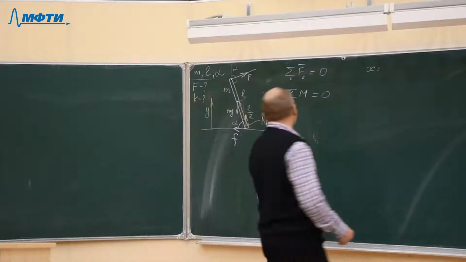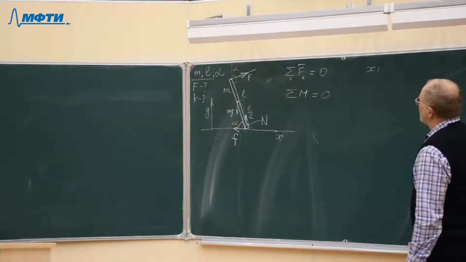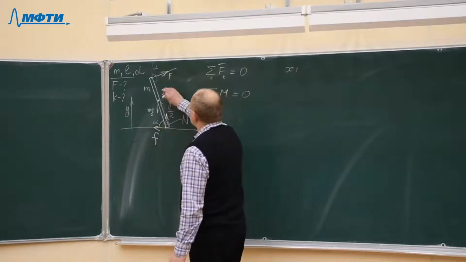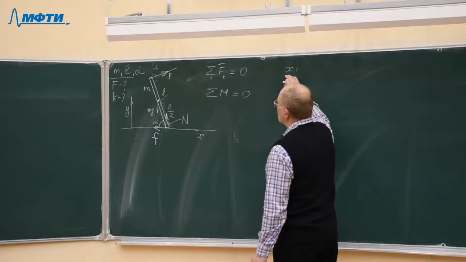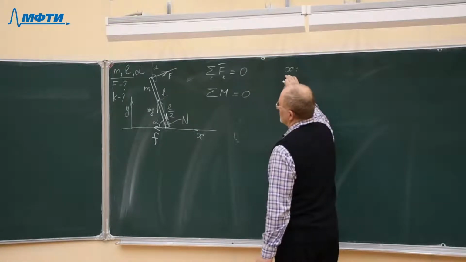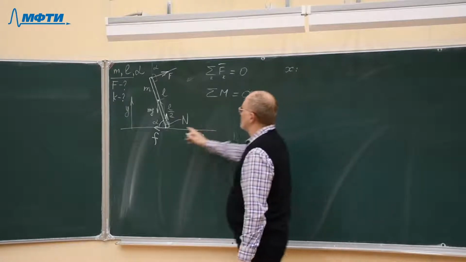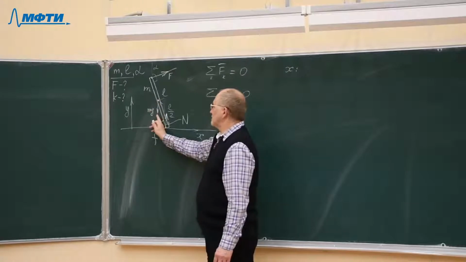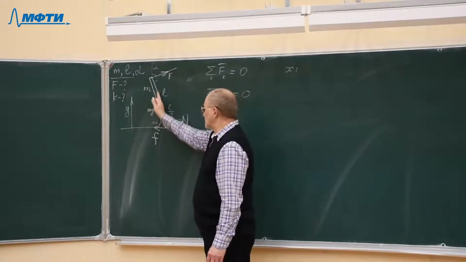Now, as we have indicated all the forces in our sketch, we can write the condition for the horizontal components of all these forces. The horizontal component of the weight of this rod is certainly 0, because the weight is directed vertically.